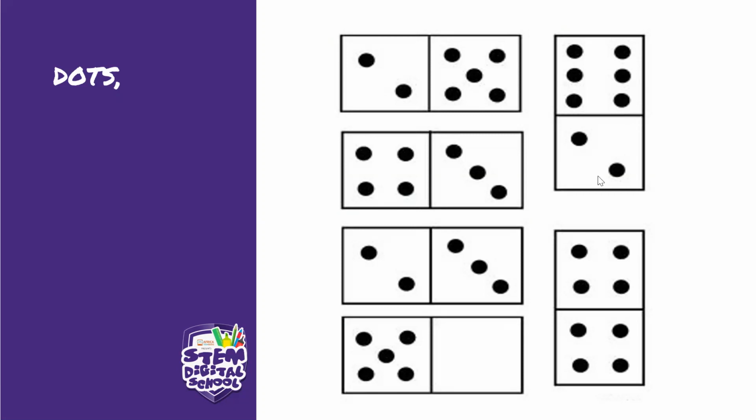Okay, and then the second square, let's count these dots. 1, 2. Good job. So now tell me which square has more dots? This top one or the bottom one? The top one. Yes, because this one has 6. And which one is less? The bottom one because it has 2.